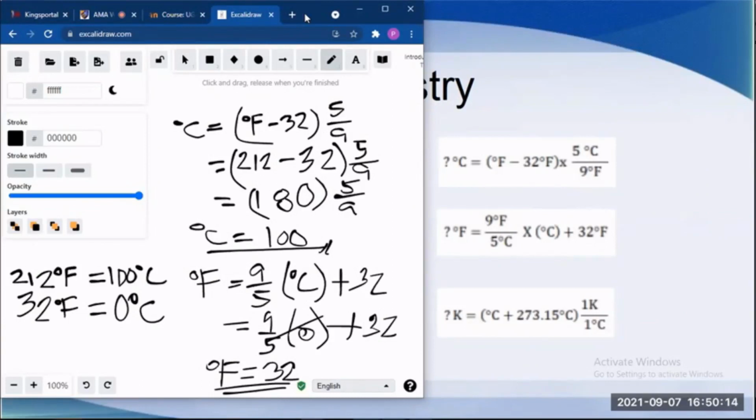What do I mean by that? If you notice, whenever we convert degrees Celsius to Fahrenheit, the quantitative value is actually increasing, right?